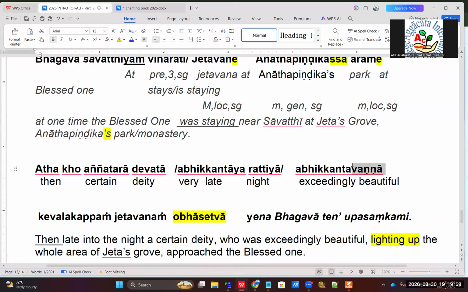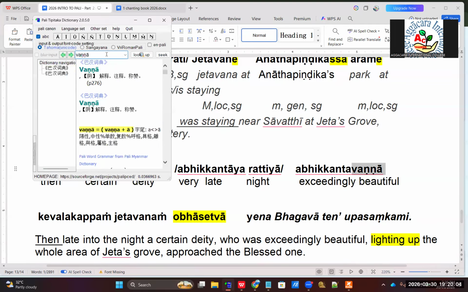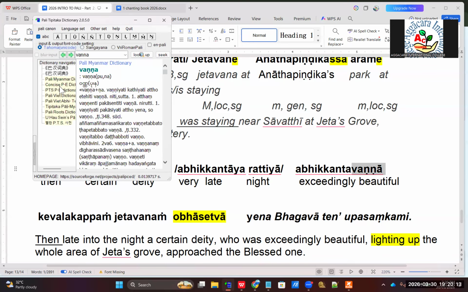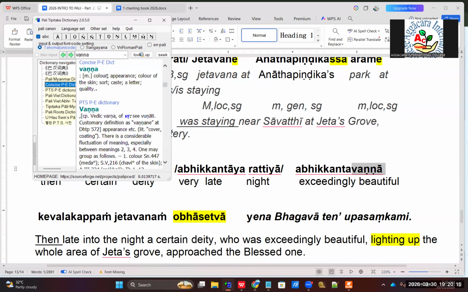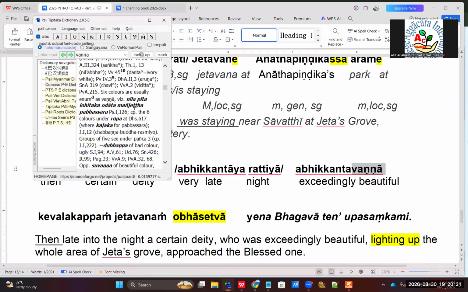Wana actually is a kind of Malay word. So Wana means, if you look at the Pali here, color, right? Skin, all right. Color of skin means beauty.